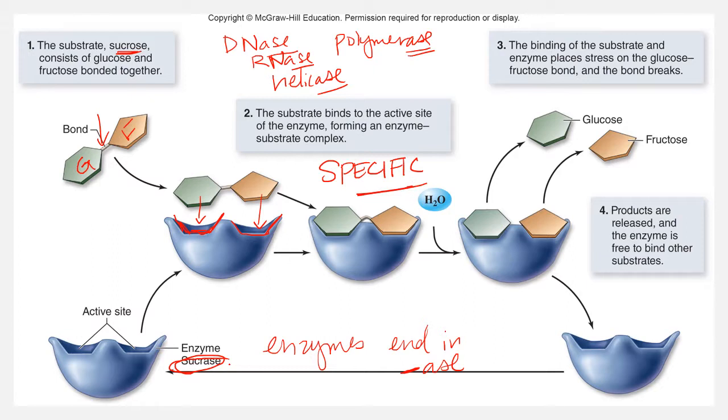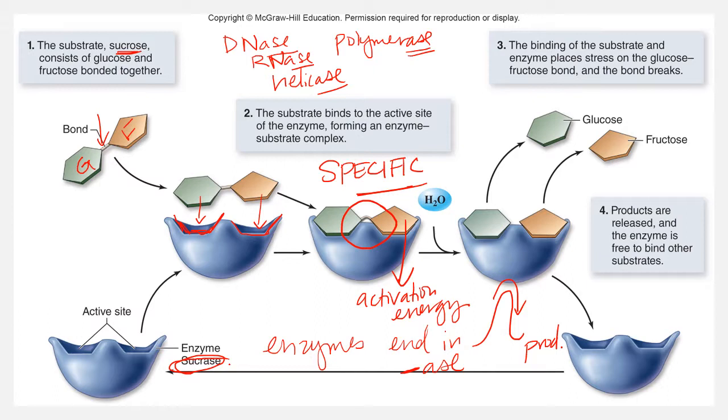So this enzyme and the substrate will bind, and we create this stressed bond, which is lowering the activation energy, the energy needed to overcome that hill and create the product.